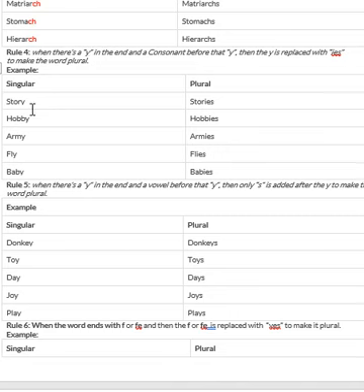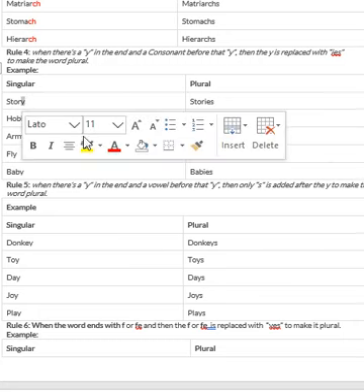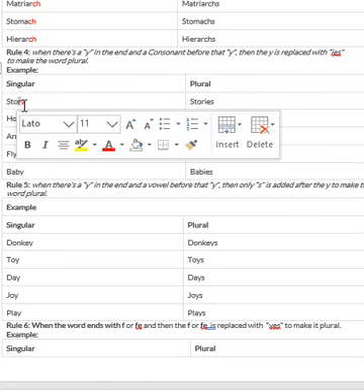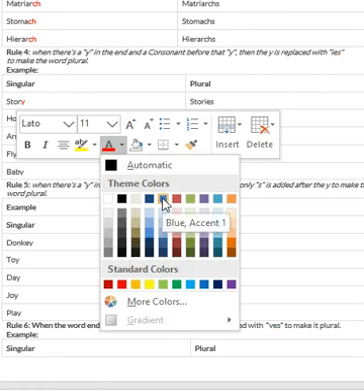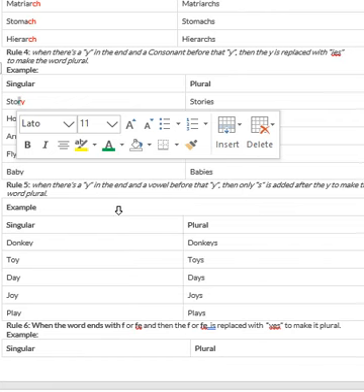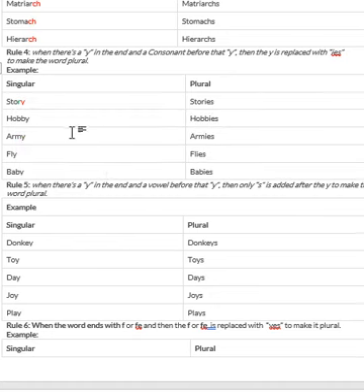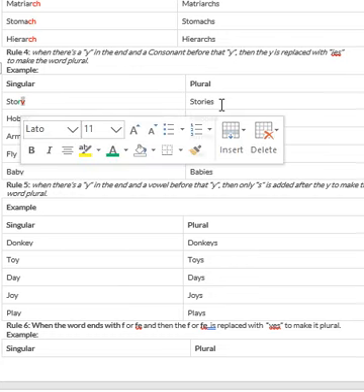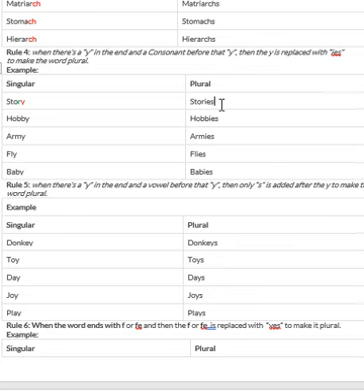There should be y in the ending, but there must be a consonant before y. Then only the y changes with ies to make the word plural.